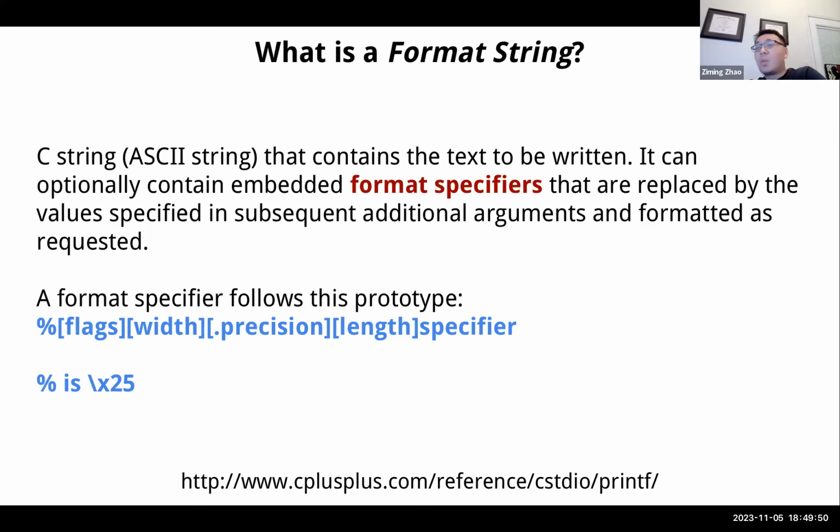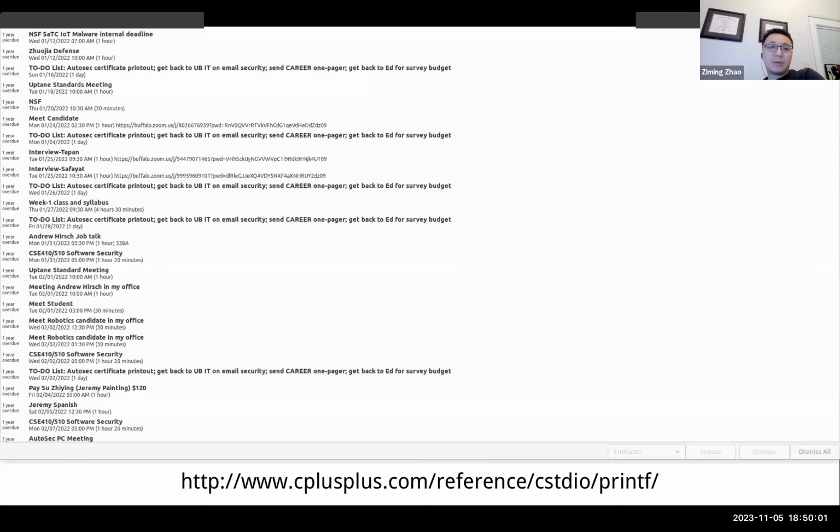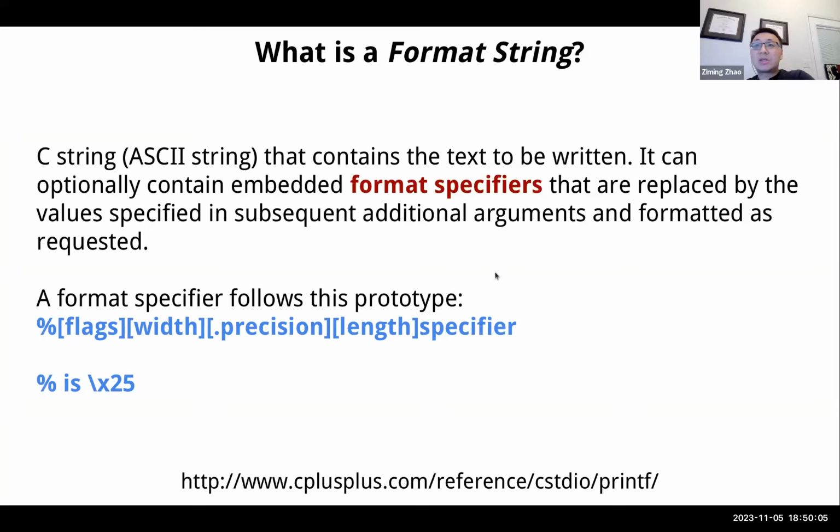So after all, what is a format string? You have been using it many times, but you may not know how powerful and how complicated a format string is. First of all, a format string is still a string. In the C programming language, a string is an ASCII string, and a string ends with 0, like any other C string.